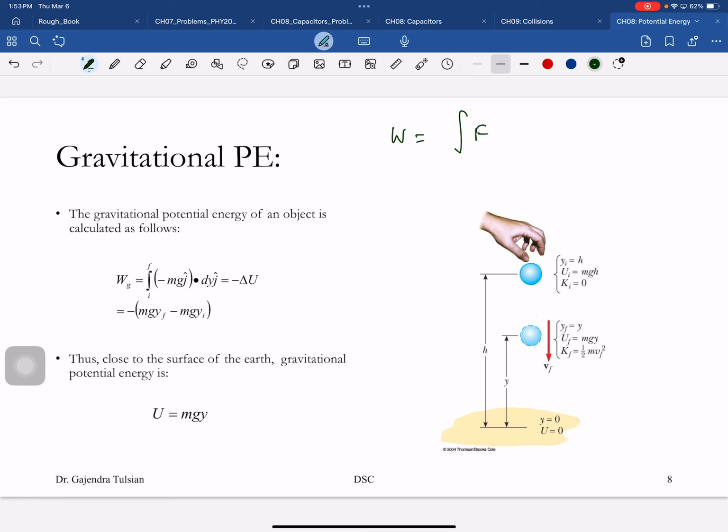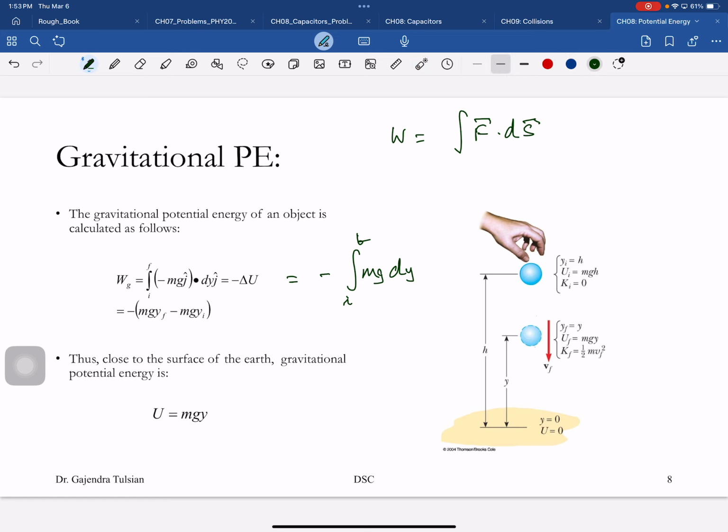remember, for a general trajectory, there's the force and there's dy. We are just going to travel along the y-axis. j dot j is 1, and so the work done is just equal to minus mg dy, from the initial to the final point. Well, mg is constant, so we'll pull that out.